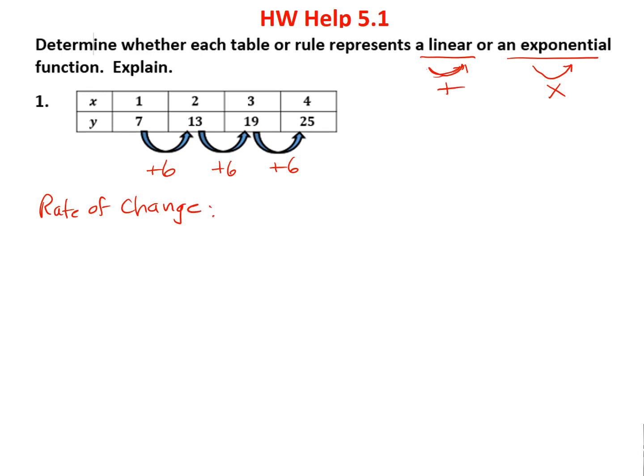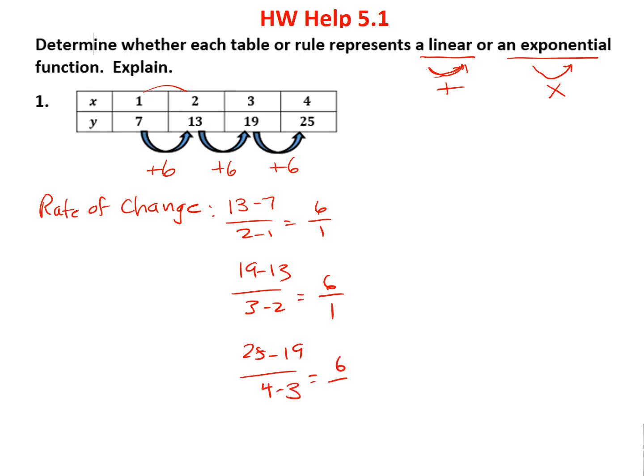Notice my rate of change here. Between 1 and 2, I have 13 minus 7 over 2 minus 1, so I get 6 over 1. If I go to the next one, I have 19 minus 13 over 3 minus 2, and I get 6 over 1. And finally, I have 25 minus 19 over 4 minus 3, 6 over 1.